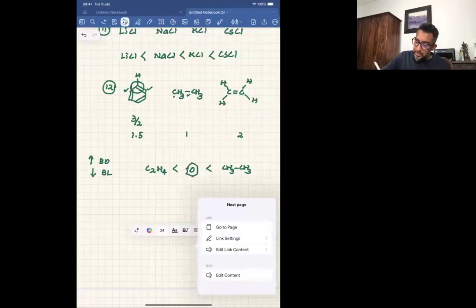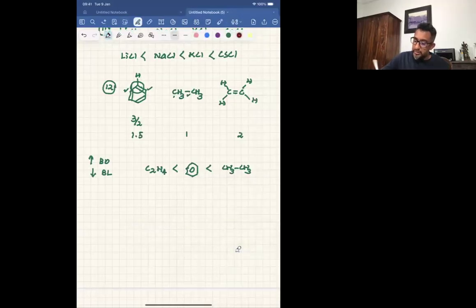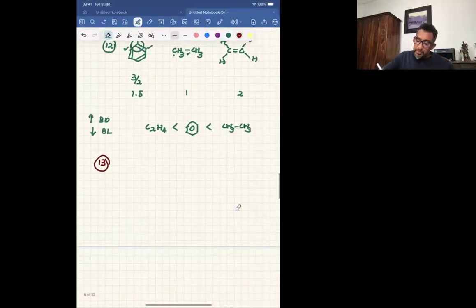What is the next one? Let's look at the next one. Question number 13 comes with CH3. You have carbon CH3. You have a double bond CH. And then you have a single bond, triple bond CH. And they have given these letters.